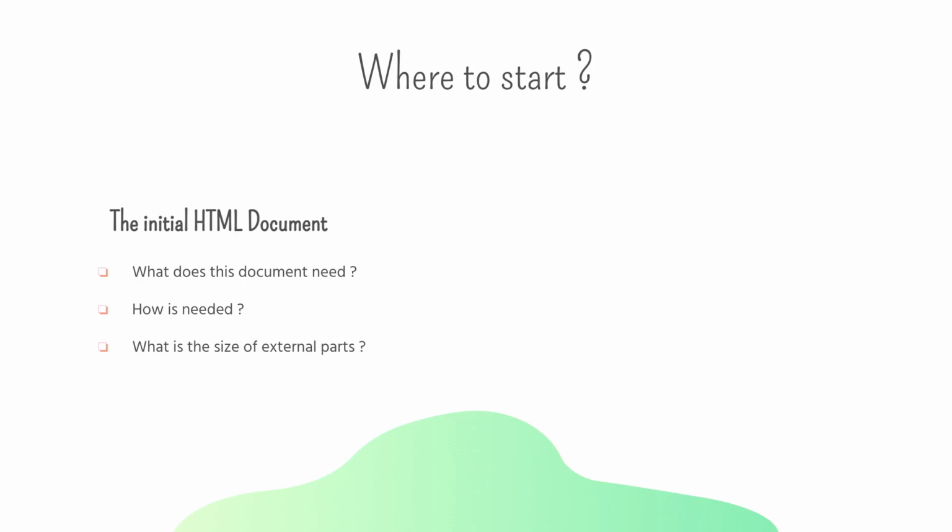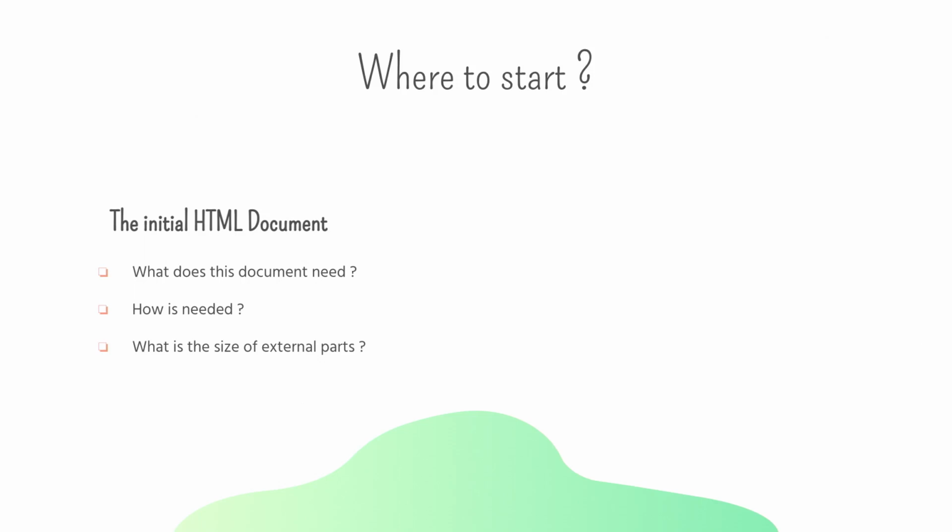The LCP problem is very complicated, and could be a whole talk, but I will try to summarize. Where do you start if you have LCP issues? The first place is the initial HTML document, because the LCP is the largest contentful paint, so the problem is on the first page, basically in the index.html file.